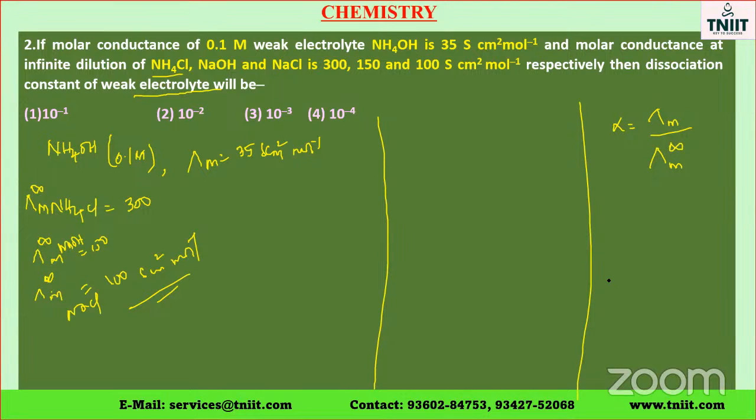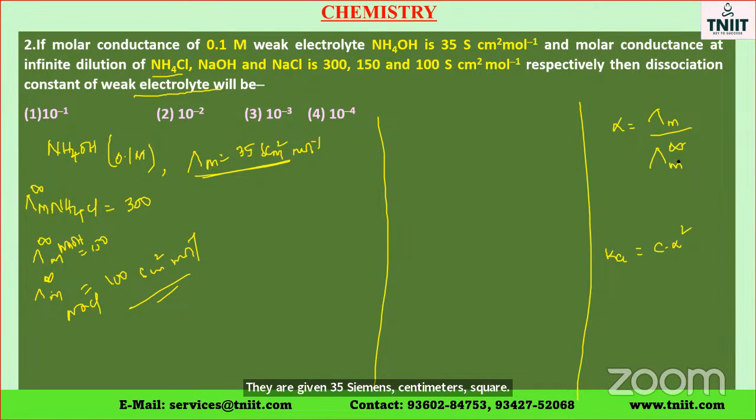Once we know the degree of dissociation, we can calculate the dissociation constant Ka by the formula C into alpha square. Now, they have given lambda m for ammonium hydroxide as 35 Siemens centimeter square per mole.